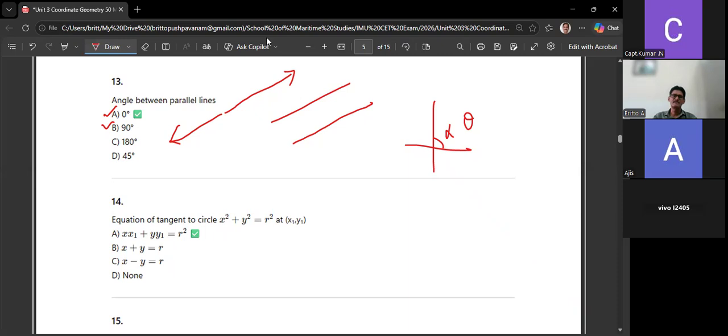We can say these are parallel lines only, but they are not intersecting. Then we can talk about this angle as 180 degrees, for coplanar lines. But the angle between two parallel lines is 0 degrees. Remember. Then the angle between two perpendicular lines is 90.